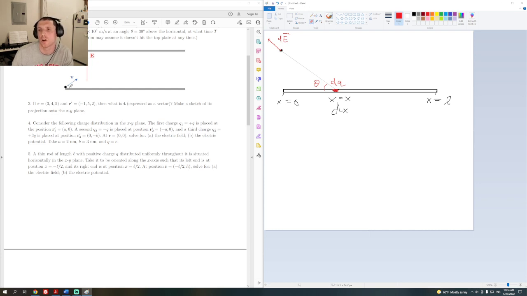Now, I'm going to trust that you see that this angle here, made by this horizontal line and the infinitesimal bit of electric field, is also theta, so you can break this into its x and y components and then carry out those integrals separately.